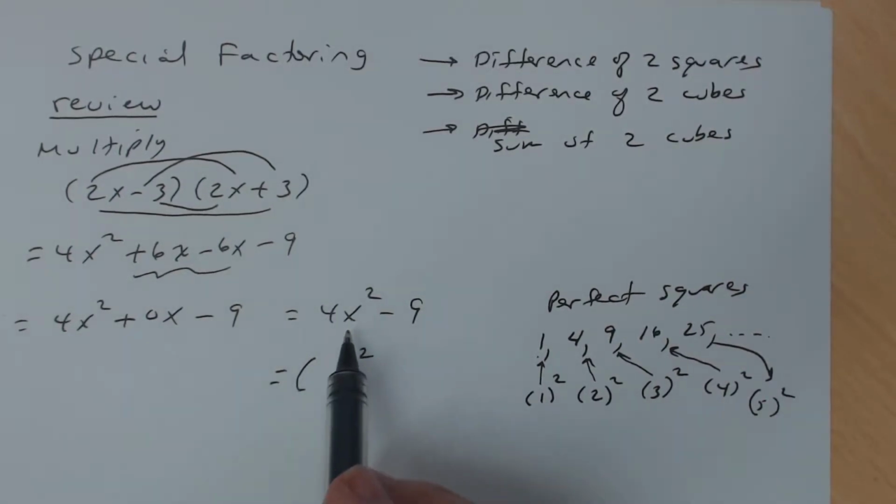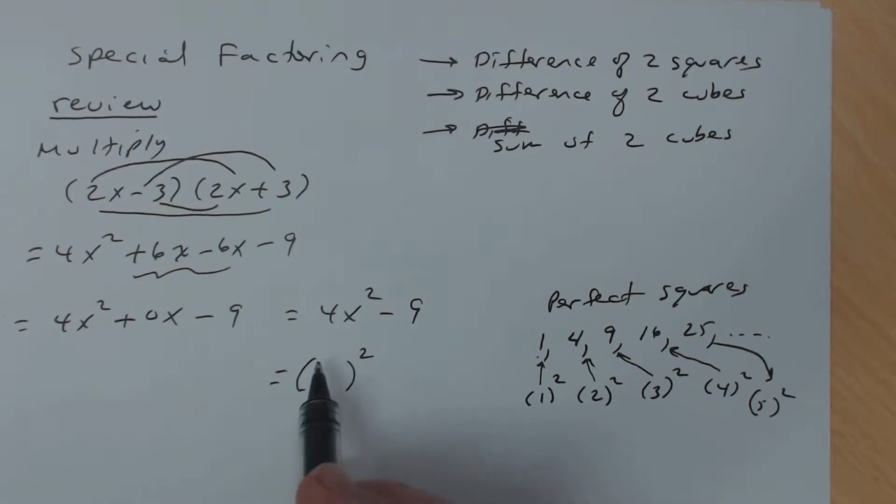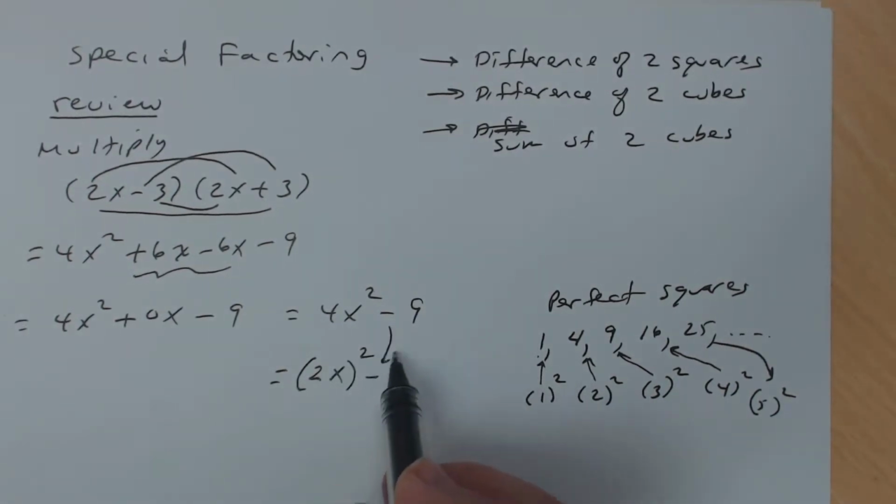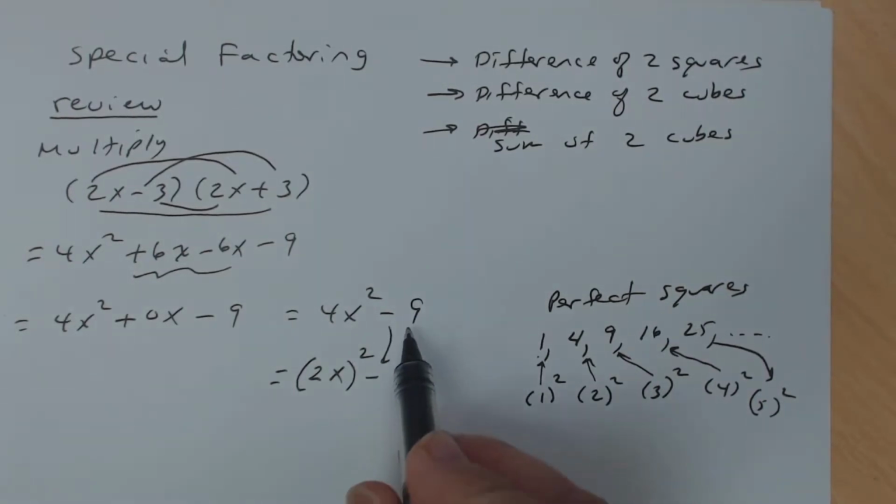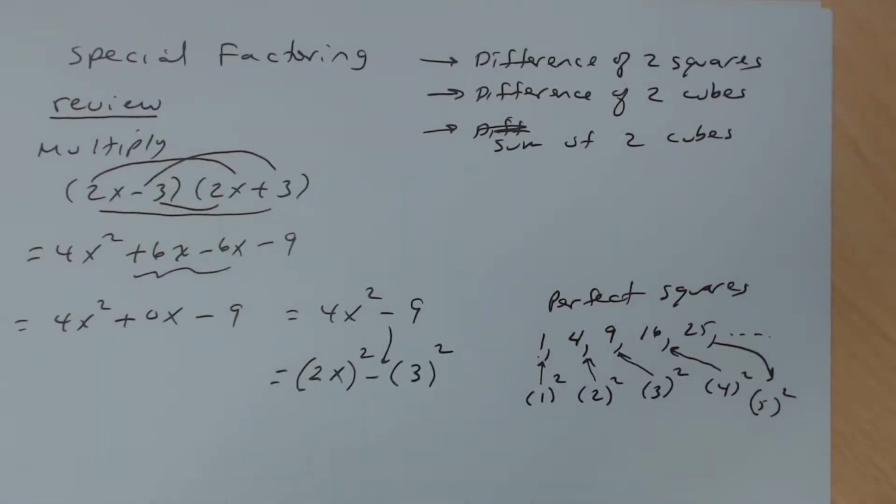So 4x squared is a perfect square because I can write it as 2x squared, because 2x times 2x is 4x squared. Minus, and just think of this as 9, although that constant is negative 9. Just look at the 9 for a moment. 9 is a perfect square because I can write it as 3 squared.